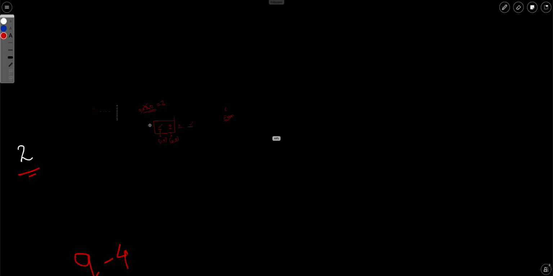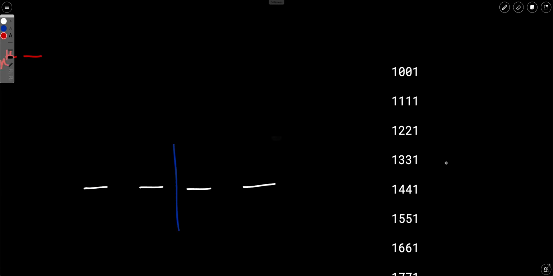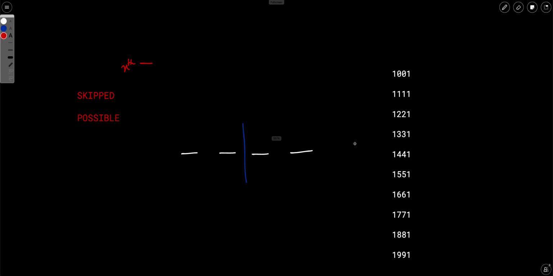So with this, let's try to devise some solution. So we will just perform the same kind of operation that is given to us. So let's say we have put 2 here. So what does it mean to put 2 in the first place? It means that we have already skipped all the palindromes that are starting from 1.